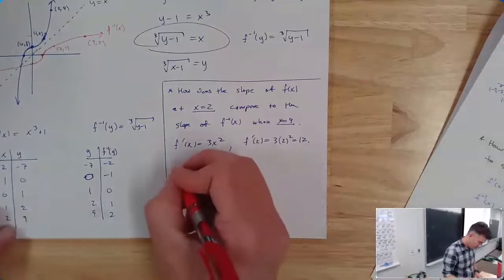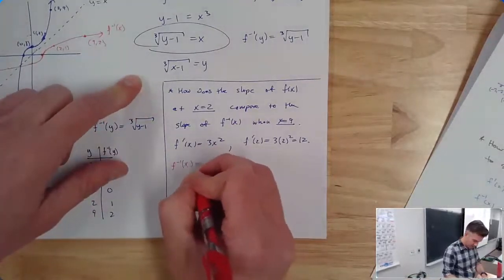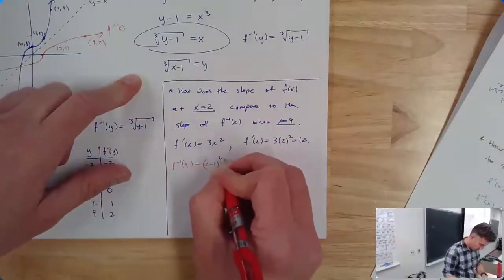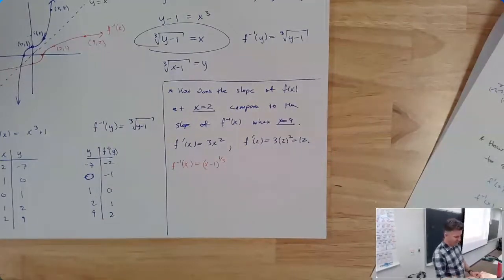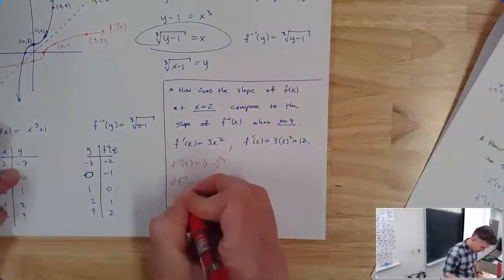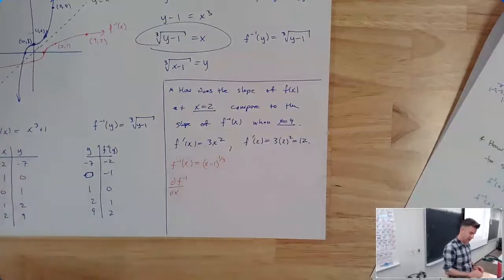So our inverse function was, again, the cube root of x minus 1, or as I would probably write it, x minus 1 to the 1/3, just to make it easier to differentiate. I'm not going to write f inverse of x prime because it's annoying notation. I'm going to use what's typical for this, which is to write it as the derivative of f inverse dx. I should have found the derivative first.